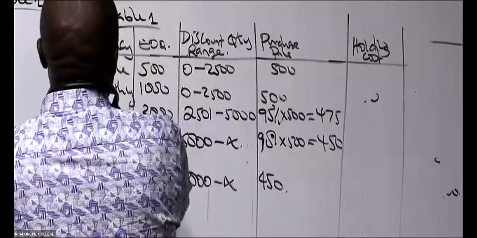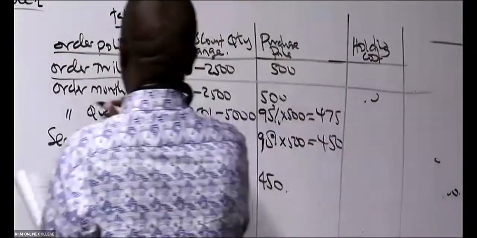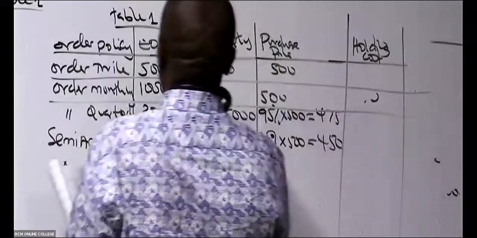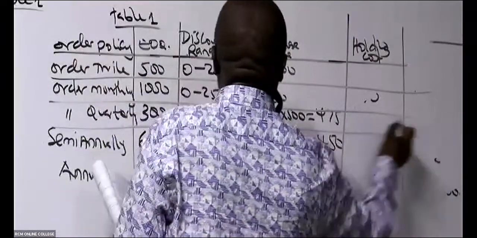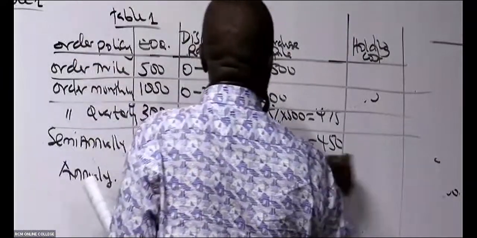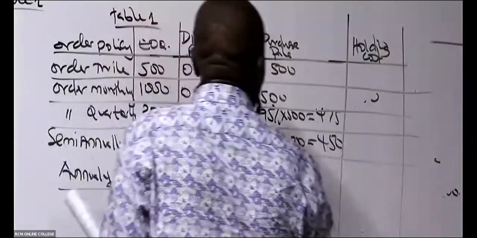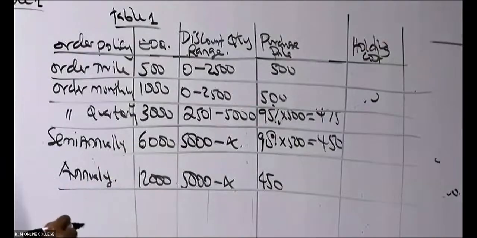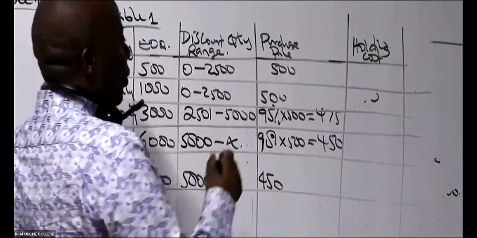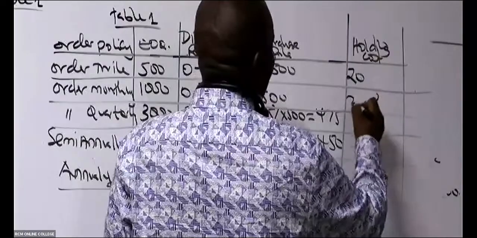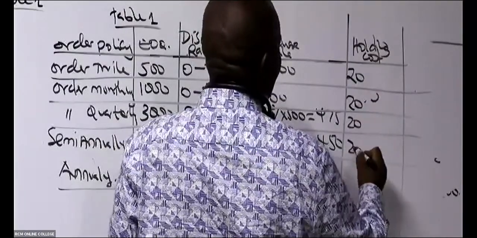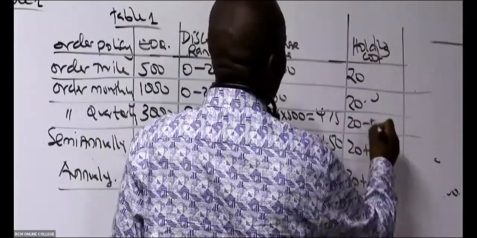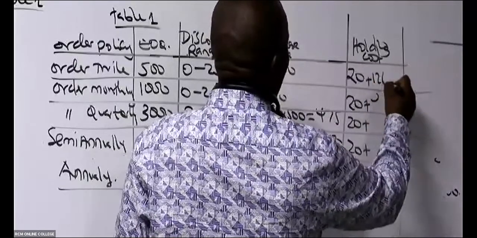So when you come to the first class, in advanced management accounting, especially these in inventories, you just need to be organized. If you're very organized, you cannot fail in this paper. It will be one term. So the holding cost, we know that this 20 is applicable throughout, plus 12%.